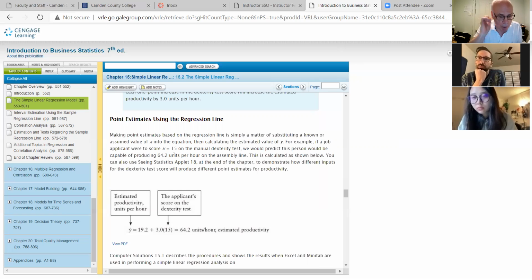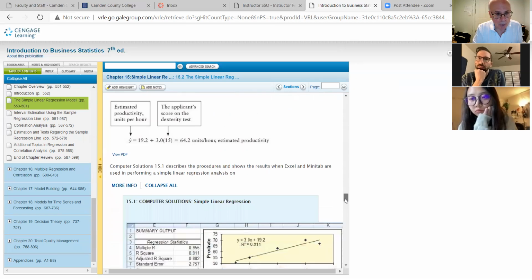Regression is a way of predicting a value of y based on an x that's not in the data set. That's what they're doing right here. So 15 is a score on this dexterity test, and your productivity is measured in number of units per hour that you're producing, 64.2 units.